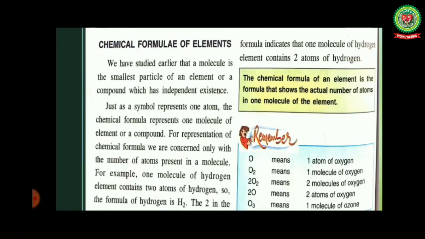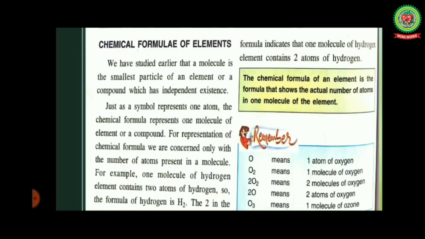I have discussed this with the help of examples like oxygen and sulfur. The chemical formula of an element is the formula that shows the actual number of atoms in one molecule of an element. Remember, O means one atom of oxygen, O2 means one molecule of oxygen.